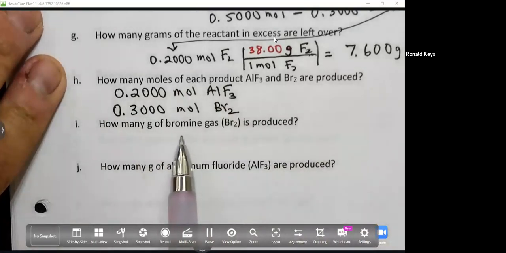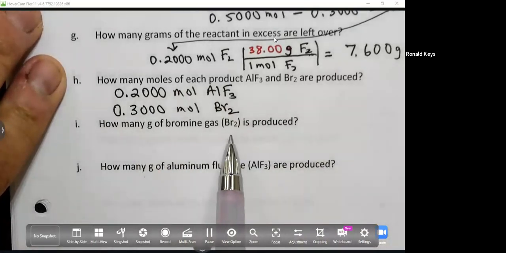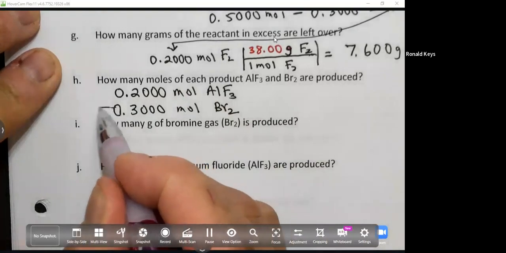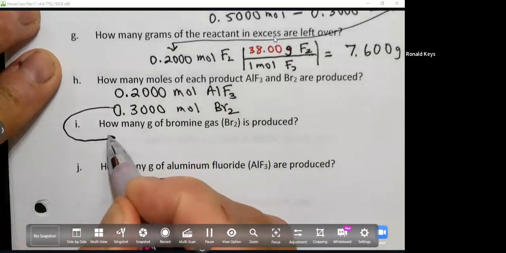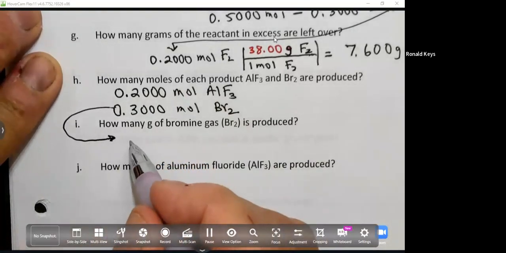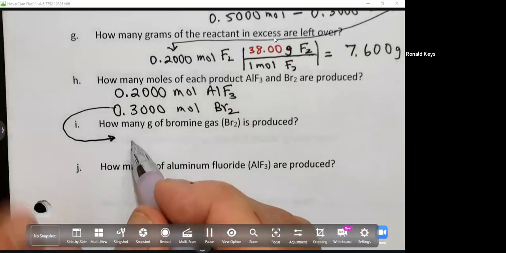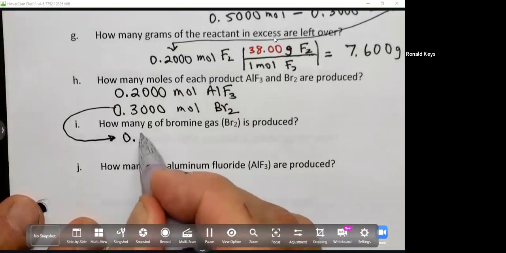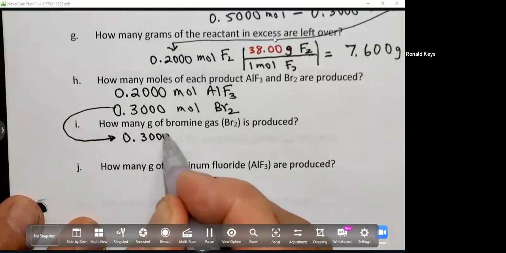Now, how many grams of bromine gas produced? There's our moles, right? 0.300.